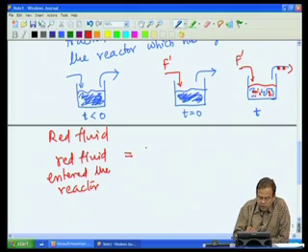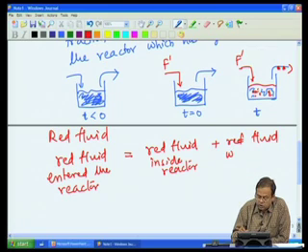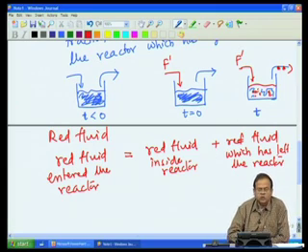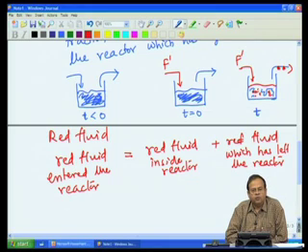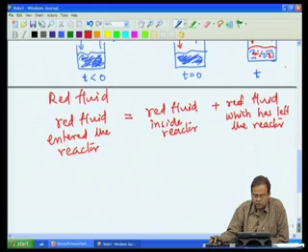This must be the red fluid which is inside the reactor plus the red fluid which has left the reactor, right, because this red fluid can go nowhere else. The fluid that has been introduced in the reactor is either found inside the reactor or it has already left the reactor through the exit stream.